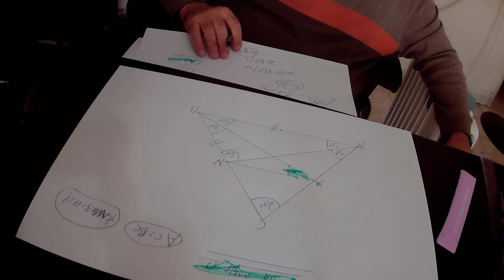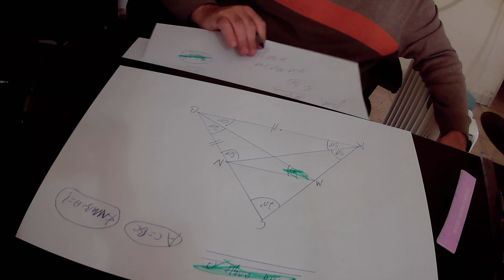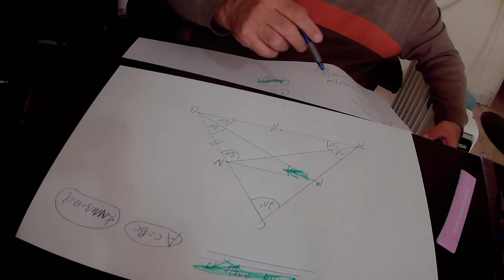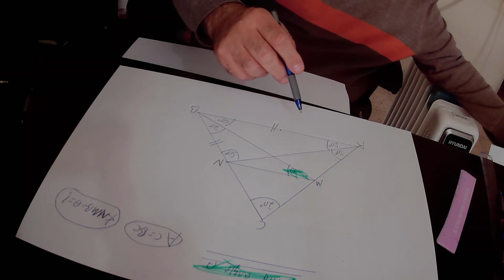In the next step, we'll focus on triangle MAB. This triangle MAB. So I will copy triangle MAB in a new page, and we'll analyze this triangle.